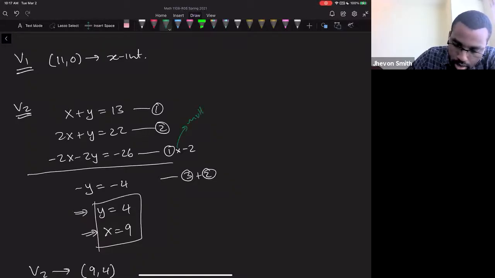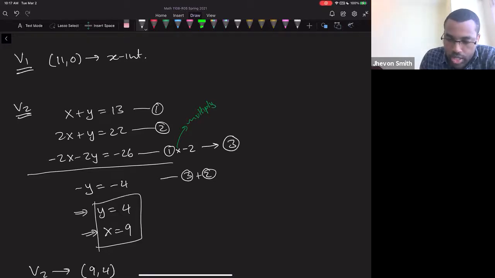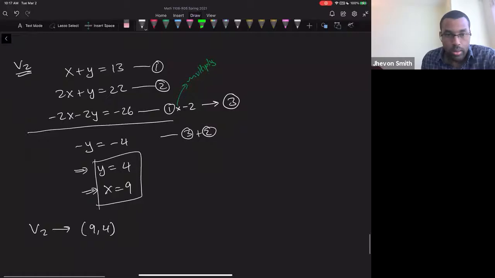I multiply by -2 to get this new equation here, -2x minus 2y equals -26. And then I renamed that equation 3. Now I can take equation 3 and equation 2 and add them. You'll see that stuff will cancel and I'd be left with that. So I get y equals 4. If my y equals 4, equation 1 would tell me that x equals 9. So that's my coordinate.